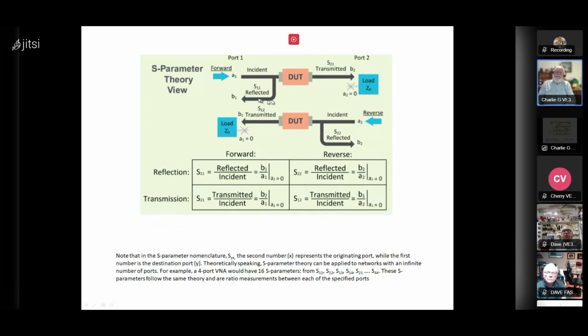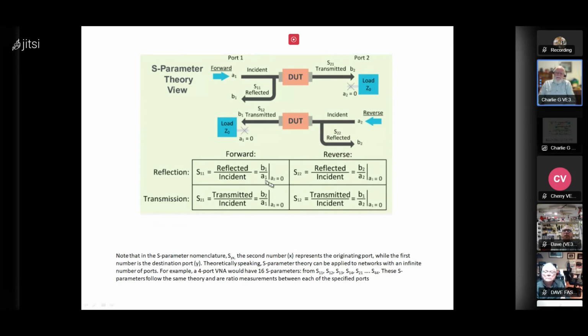The S11, that is, we send from port 1 and we receive at port 1. That signal will be whatever we measure at B divided by whatever we sent at A, or the reflected over the incident, in other words, and that will be calculated as the value of energy that gets reflected.